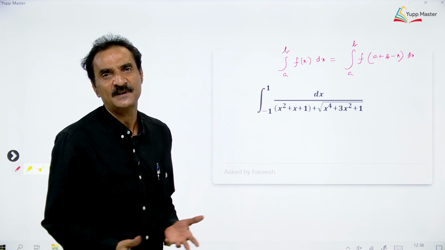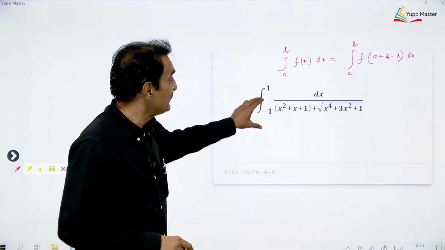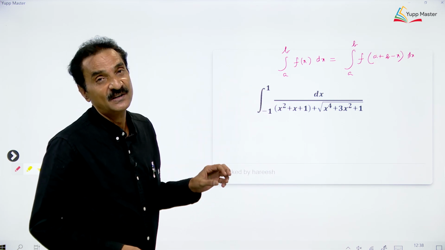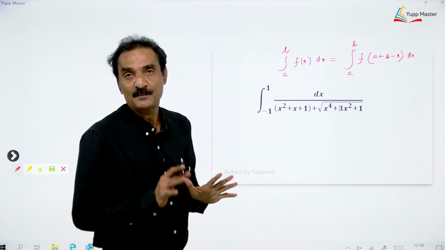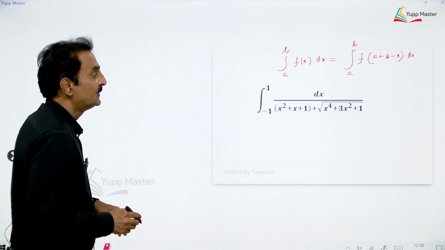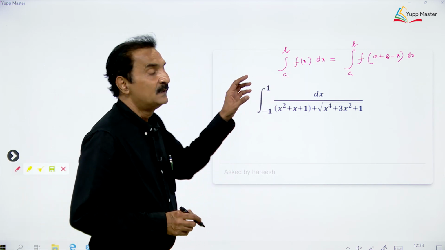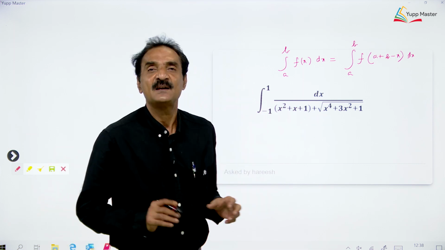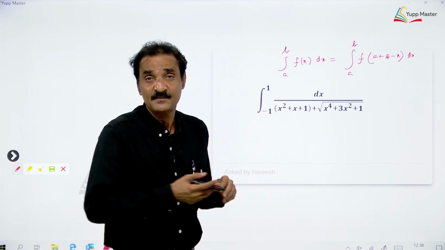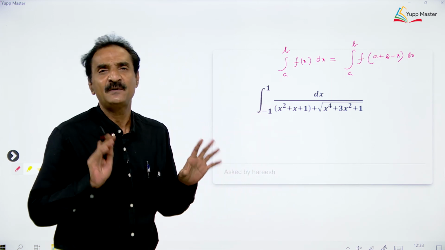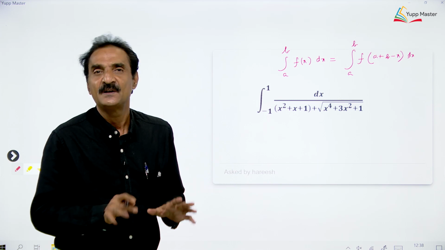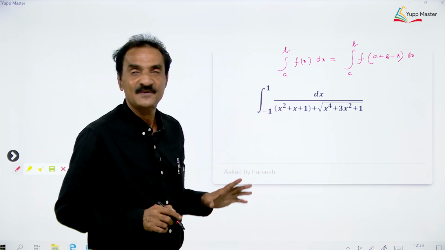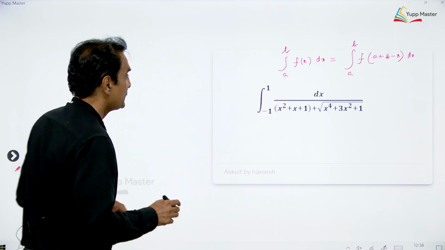All of you are aware of this property. So, whenever the limits are minus a and plus a and the function is neither even nor odd, you should use that property. Another thing is, when irrational terms are there in the denominator, usually we rationalize. So, two things: rationalization and application of this formula. Let us see if we get it or not.